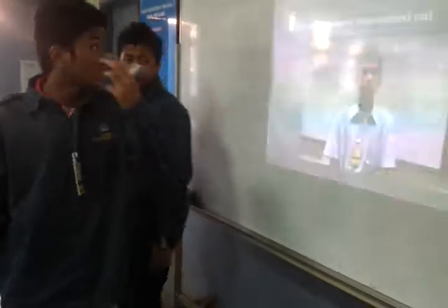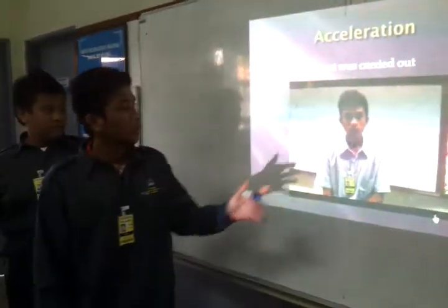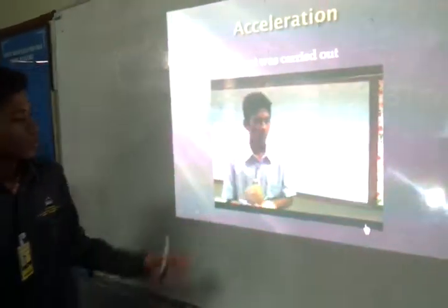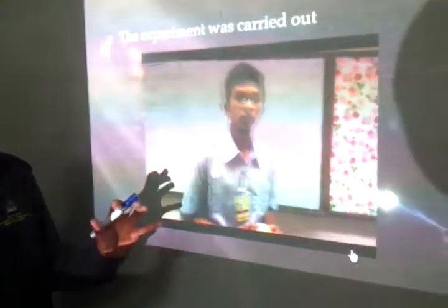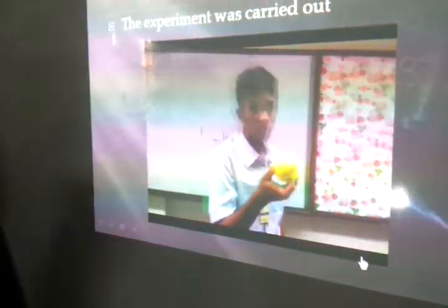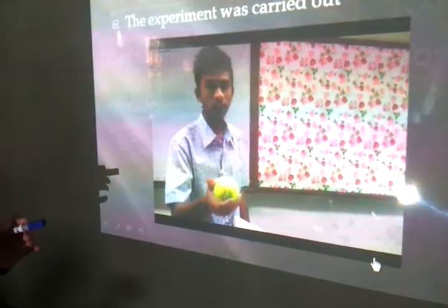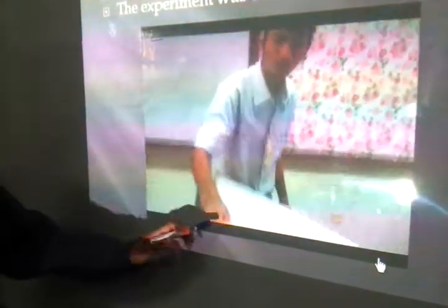As we know, the acceleration is the rate of change of velocity. So I will show you a video. For example, by using a board and a ruler and a table. This is the starting point and the ending point.